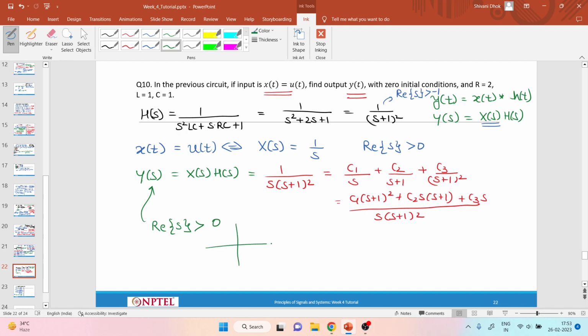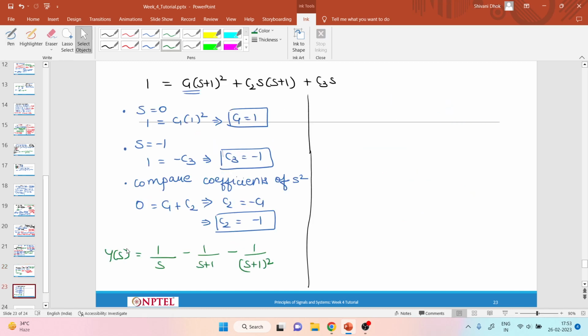Both minus 1 and 0 will contribute towards a right-sided signal. That is, this y of s has a ROC that is right-sided, which means that y of t will be right-sided.